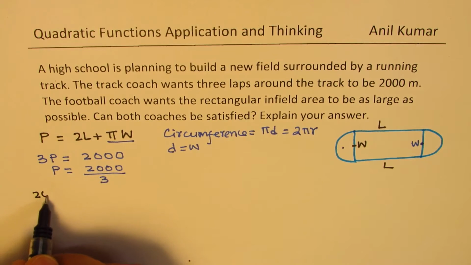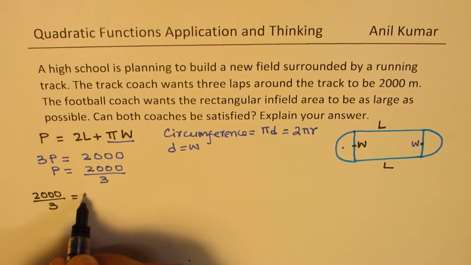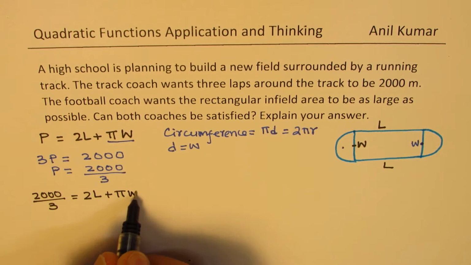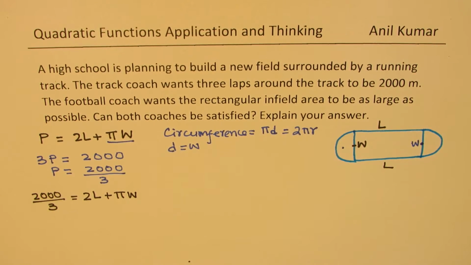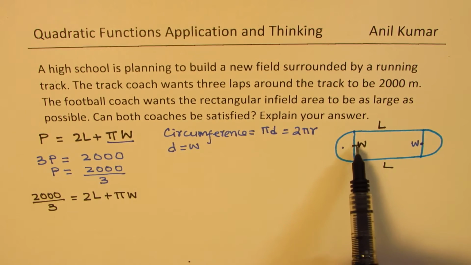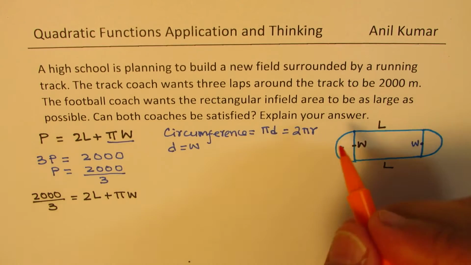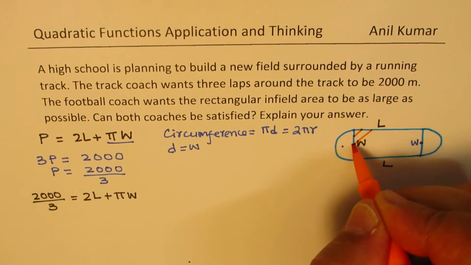So we get 2000 divided by 3 is equal to twice length plus pi times width. Now from here we can isolate one of the variables and then work with the other one. The idea is to maximize the area of the rectangular field.